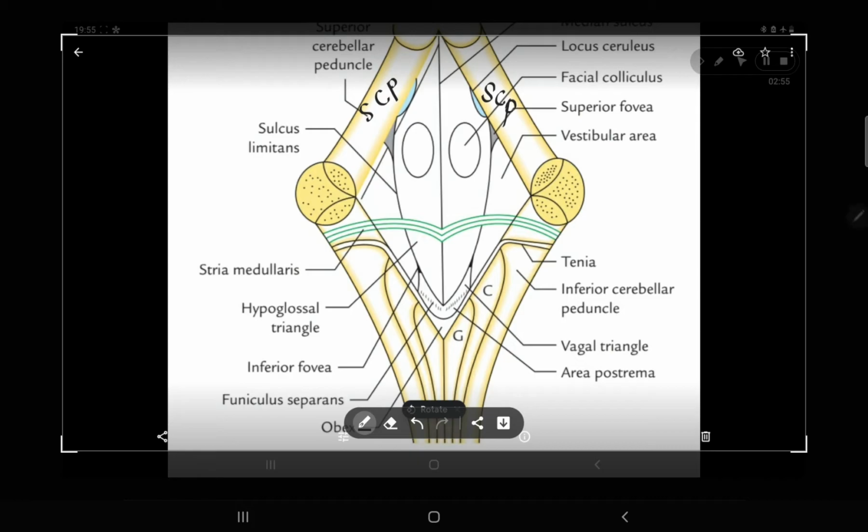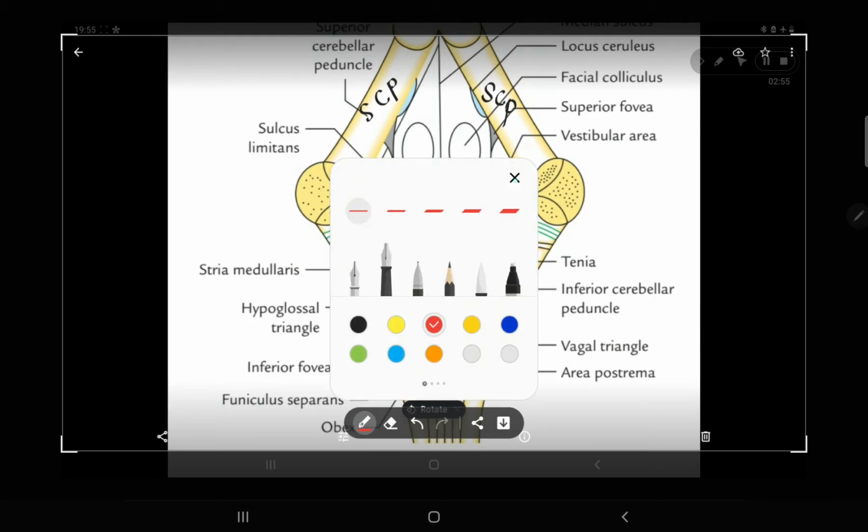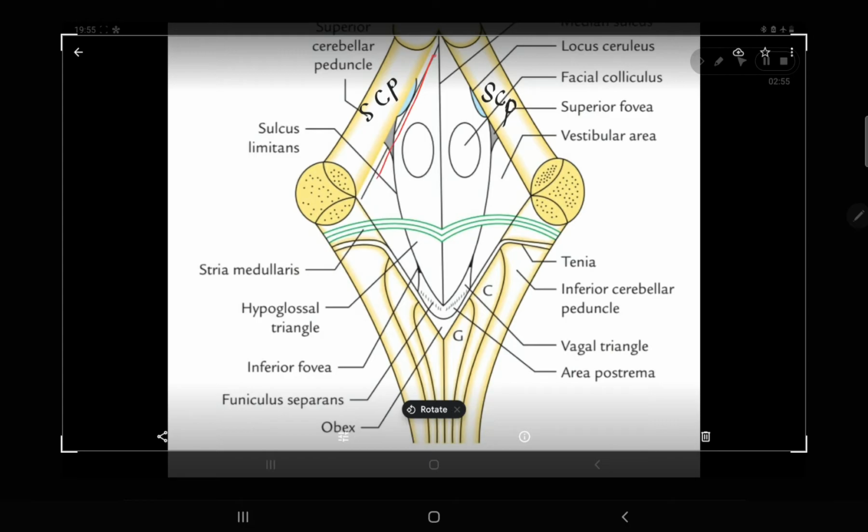This superior cerebellar peduncle forms the upper portion of your fourth ventricle, and this is the lower half of your fourth ventricle. Your fourth ventricle is nothing but a CSF filled cavity within the pons and medulla.